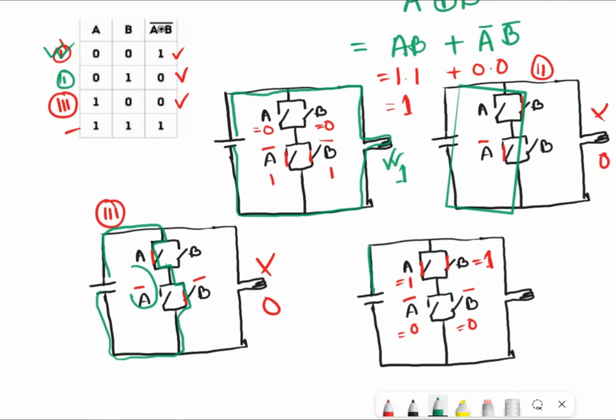So from the positive, it can't go through these two switches because this is open. As a result, the current will flow through this direction. As a result, the bulb will be blinking. So output is 1. So case number 4 is justified.